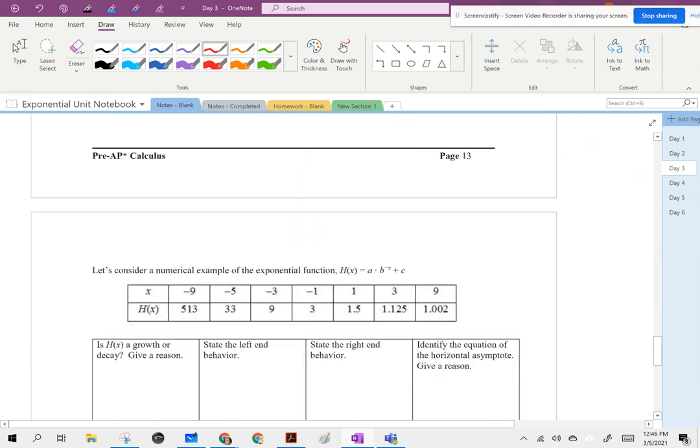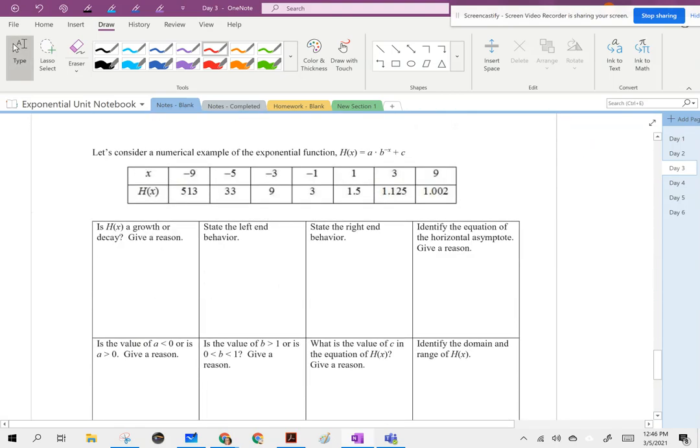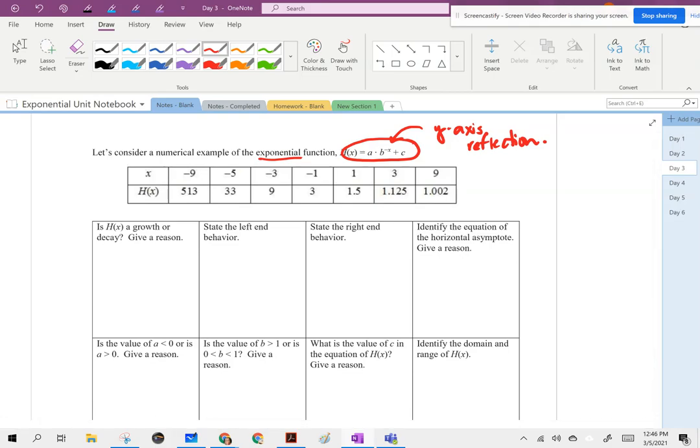Okay. All right, now let's consider this table. It tells us that it's exponential, and it also indicates that -x, which tells me that it's a y-axis reflection. Okay. You have to always pay attention to that form. So now let's take a look and see what's going on here.